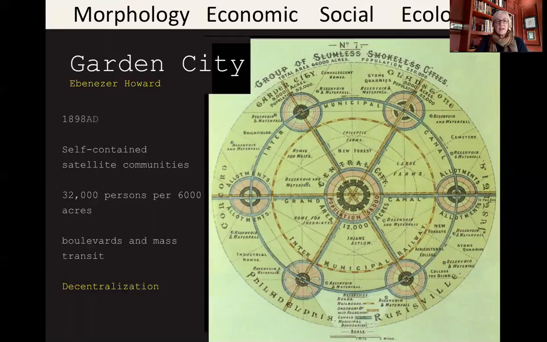Here we're looking at this idea of satellite, self-contained communities that provide an economic infrastructure, but also have a strong social component in terms of quality of life and how people live, and a strong ecological focus with green grass, open space, forests, and stone quarries. So very much a decentralized response to the form of our industrialized cities.